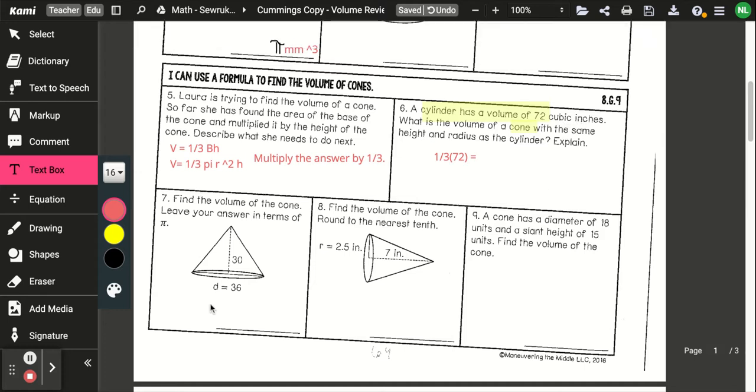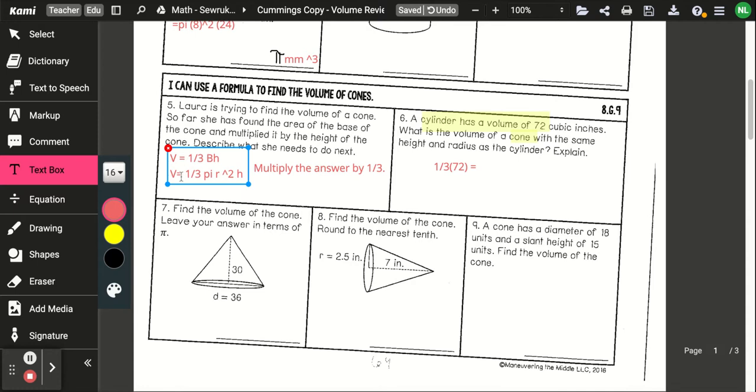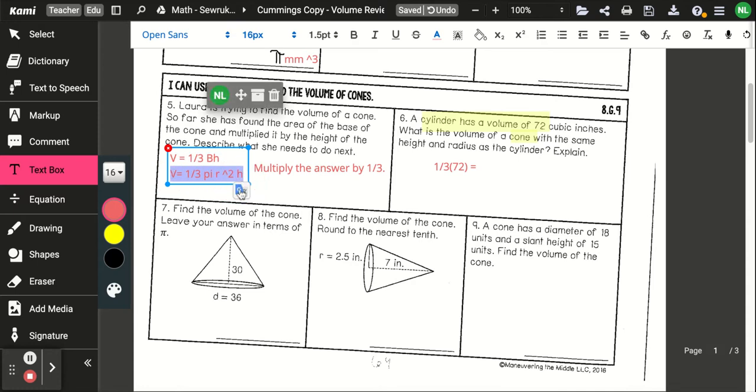For number 7, find the volume of the cone, leave your answer in terms of pi. So this one, once again, the formula is right here for the cone. 1/3 pi r squared times the height. I'm sorry, I can't do the pi symbol. It takes too long. You need to rewrite that formula.